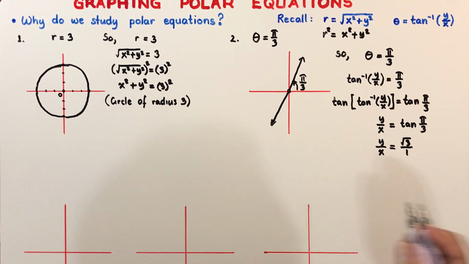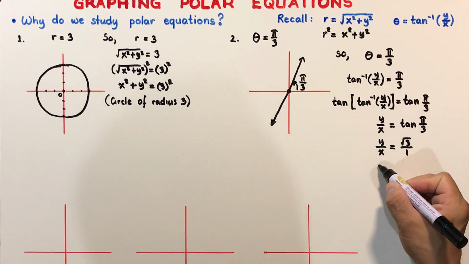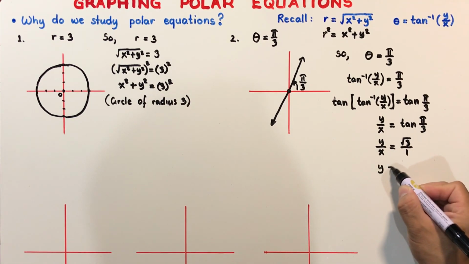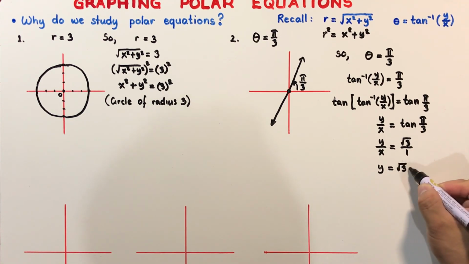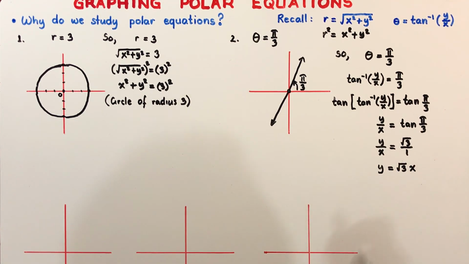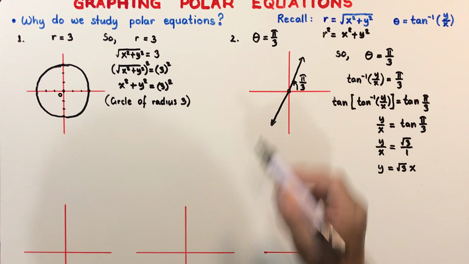And multiplying both sides of the equation by x, we have y equal to the square root of 3 times x. And you see that this is a rectangular equation of a straight line with slope square root of 3 and a y-intercept of 0, so therefore it passes through the point of origin.